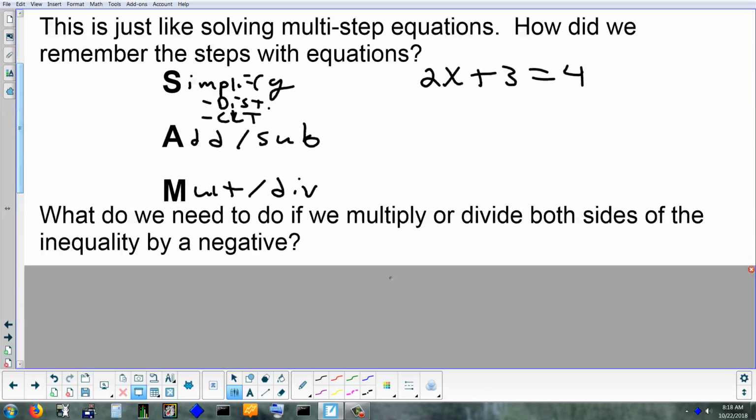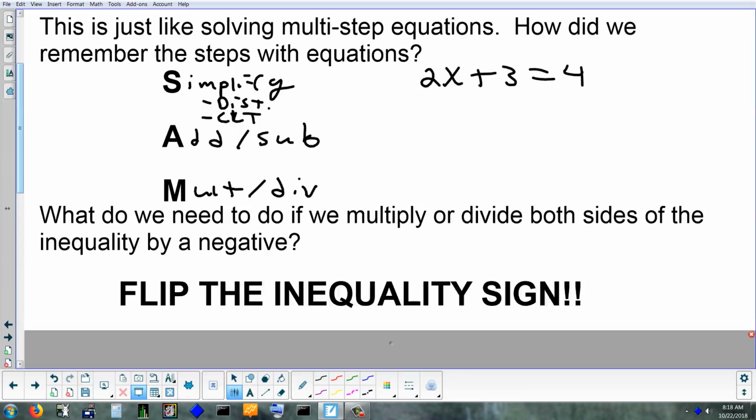Okay, what do we have to do if we multiply or divide both sides by a negative? We did that in the warm-up too. All right, so what do we have to do? That's the second question on your guided notes. Donovan?